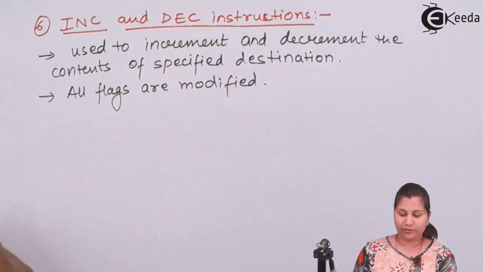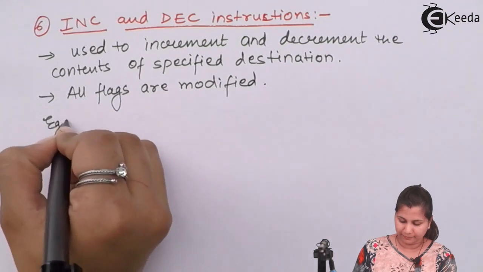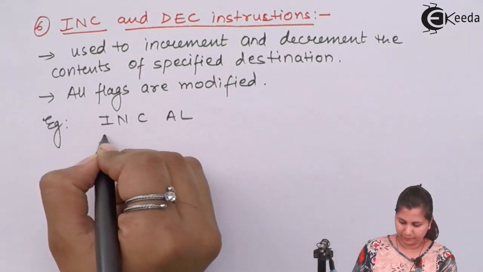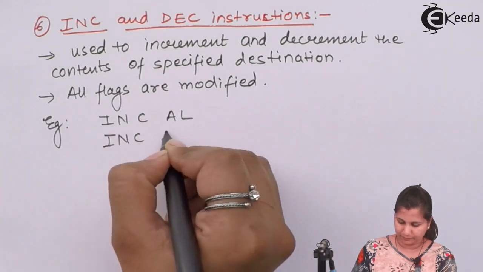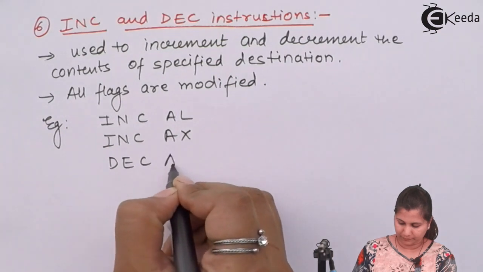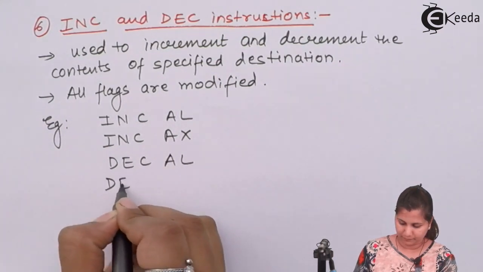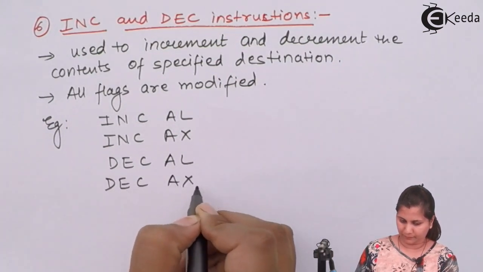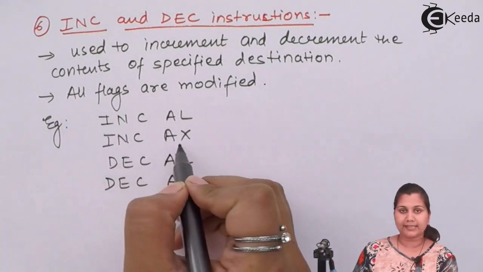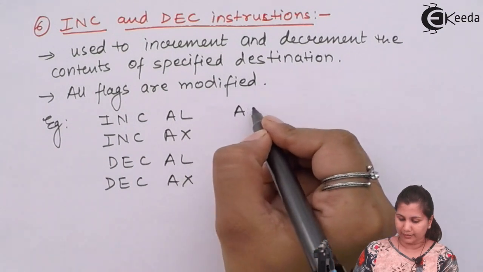Examples of these instructions are INC AL and INC AX.